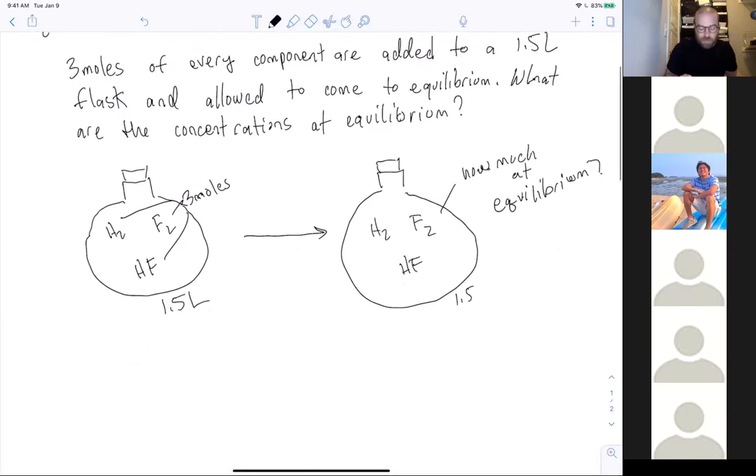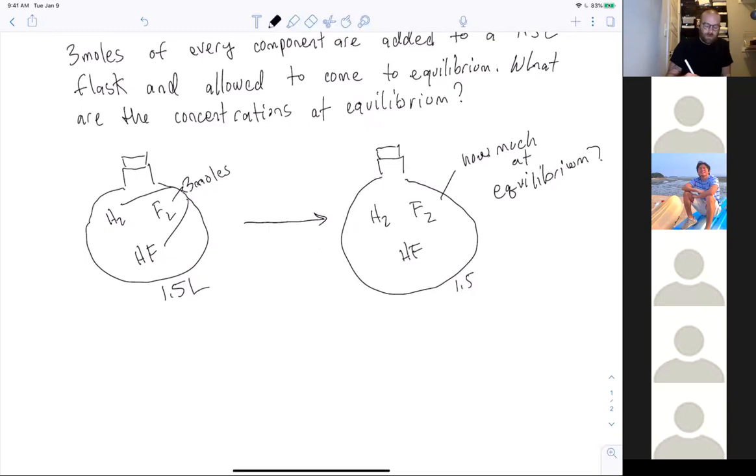All right, so we come down here and we convert everything over to the appropriate concentration. My concentration of H2 is going to be equal to 3 moles over 1.5 liters. So this is 2 molar.